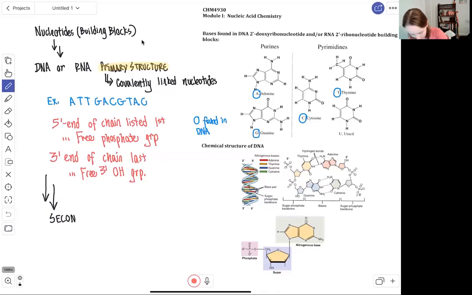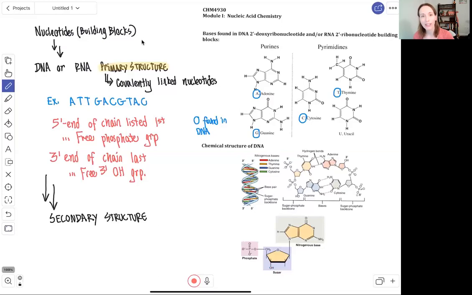Now, if you think back to the secondary structure of a protein, it corresponded to things like alpha helices and beta sheets, where the individual amino acids were engaging in hydrogen bonds and other electrostatic interactions with other amino acids to start to fold the protein up into these alpha helices and beta sheets, some areas of local organization.